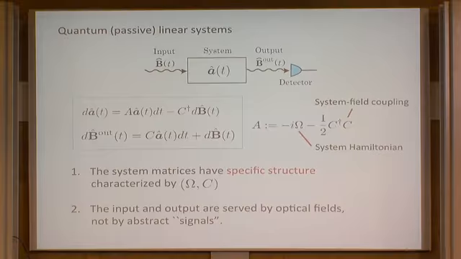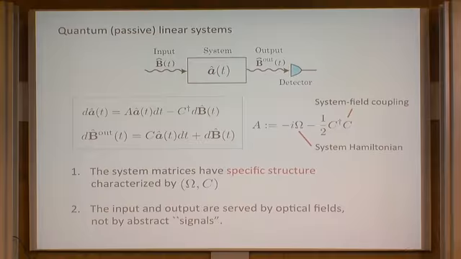So there are two points. The system matrices have a specific structure characterized by omega and C. In the general case, of course, X dot equals AX plus BU and Y equals CX plus DU. So the A, B, C, D matrices are the most general situation. But in this case, we have just two matrices characterizing the system. And the other thing is that input and output are physical optical fields, not abstract signals.